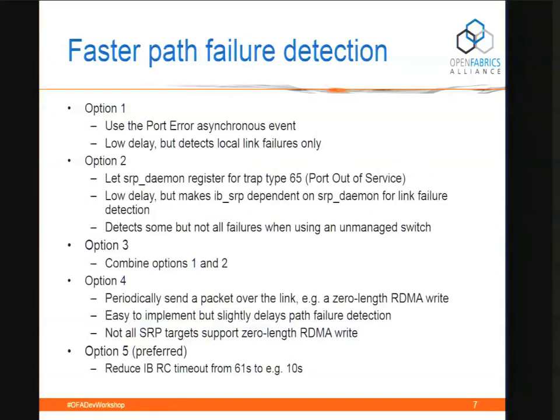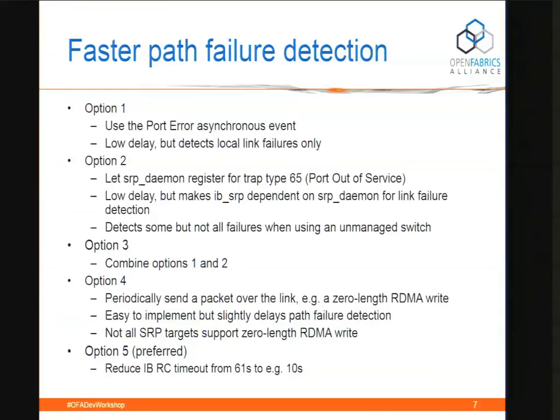Regarding path failure detection, there are several options to make the SRP Initiator detect a failed path more quickly. First option is to use the HCA and to register for port error events.